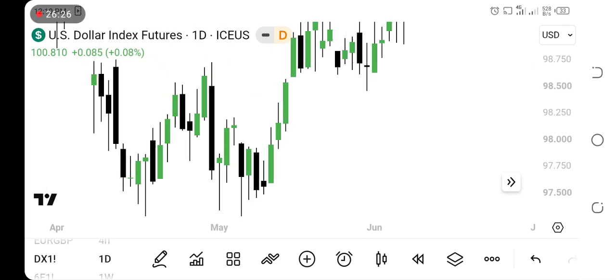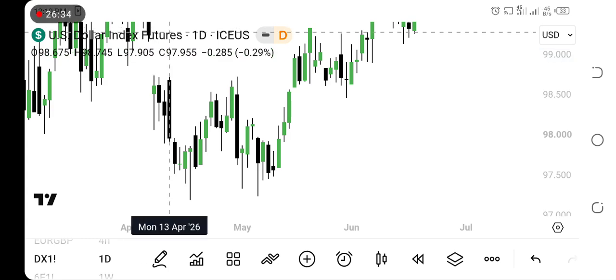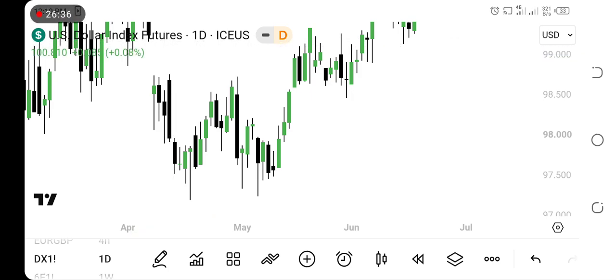Now, something I want to mention here, because I might forget to mention it. Why am I using US dollar index futures? As you can see, it's the futures market pair I'm using. I'm not using a CFD pair from a brokerage feed like Oanda or FTMO. Why? Because there's a certain level of disparity between the levels on the futures price action and the levels across different brokerage firms.